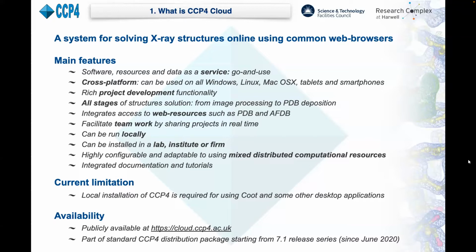It comes with a set of documentation materials and tutorials for self-education. Starting from June 2020, CCP4 Cloud is a regular component of the CCP4 distribution, and as such, it can be installed in custom locations. In addition, CCP4 itself runs CCP4 Cloud servers with world public access.